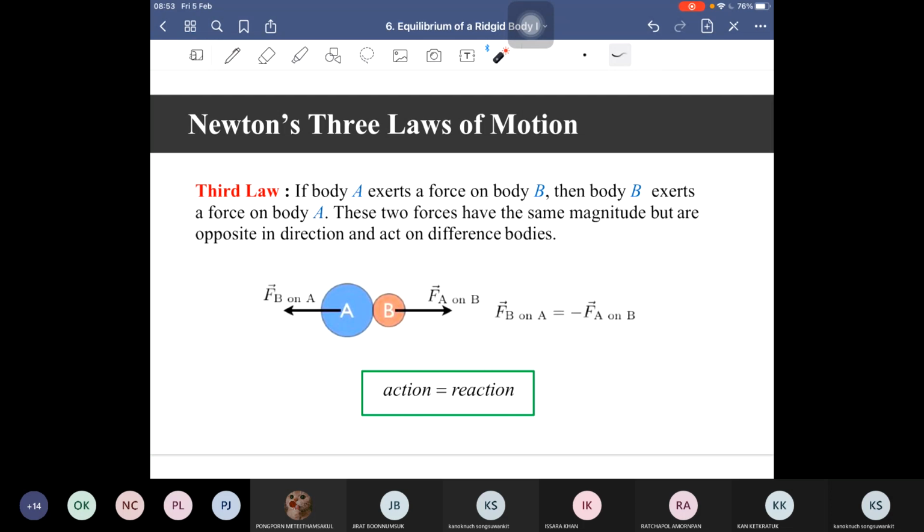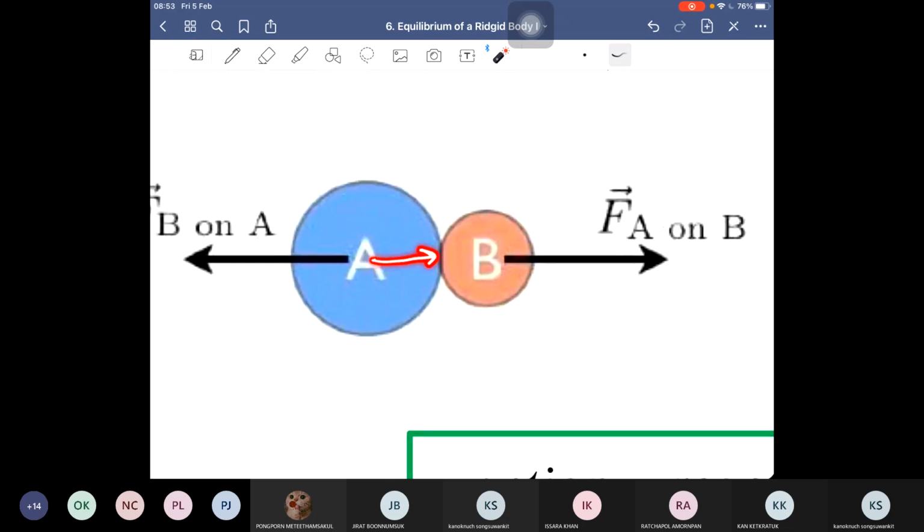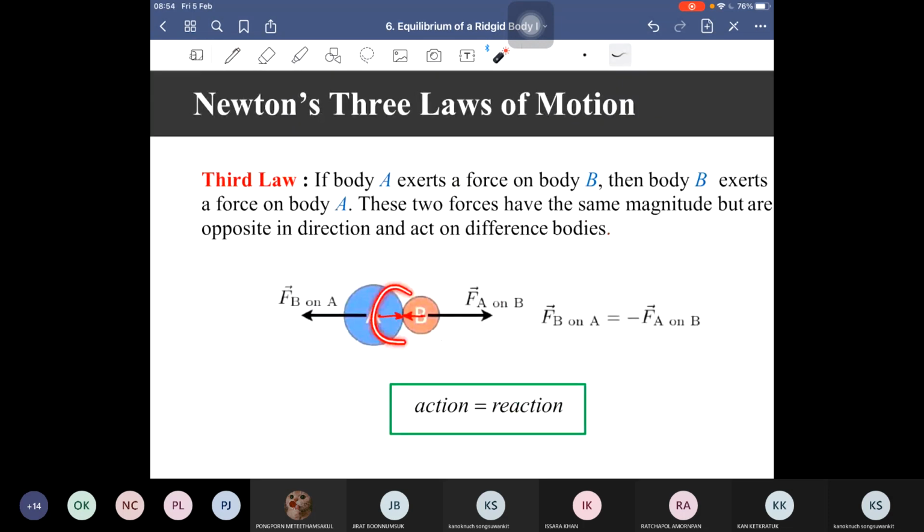The force that acts on body B has the same amount but in the opposite direction to the force of body B acting on body A. And sometimes these two forces can be considered as internal forces. Okay, and in statics, the external force is not included. I will explain later.